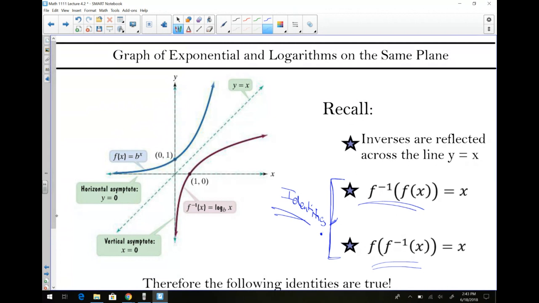So I'm just setting this up in your head. Notice that this is the log function because the x's and y's are switched. It's reflected across the line y equals x. So yes, they're definitely inverses of each other. And not only that, you can change one form into the other as well.